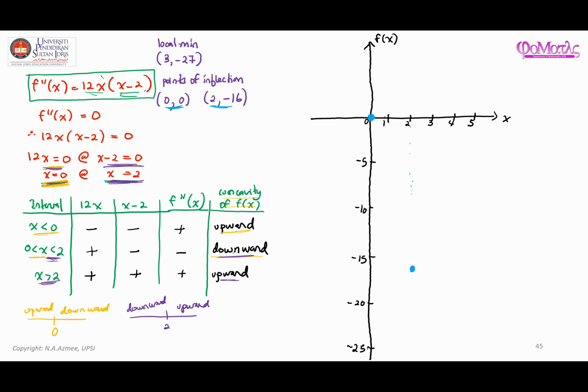Next, we have point (3, negative 27), somewhere here. Okay, negative 27. I'm sure you can do better with a proper scale, but I'm sure you get the idea. Never mind, we're just going to move on. Okay, right. Now, next.